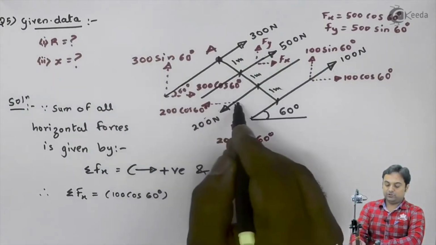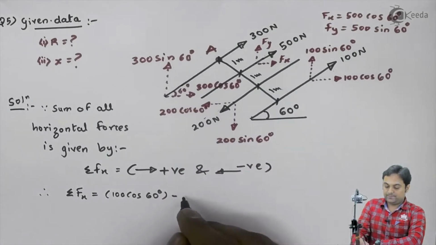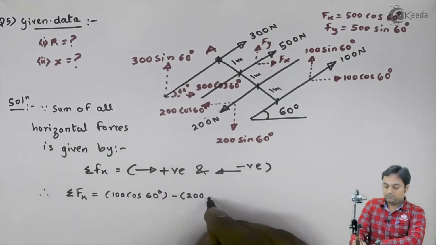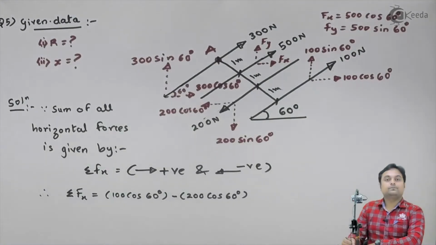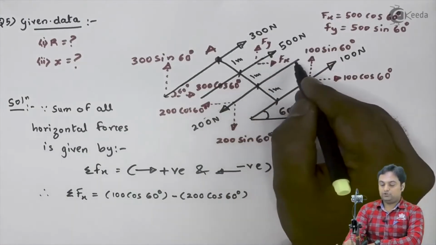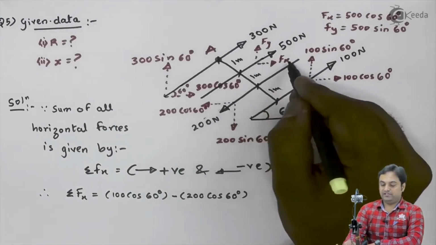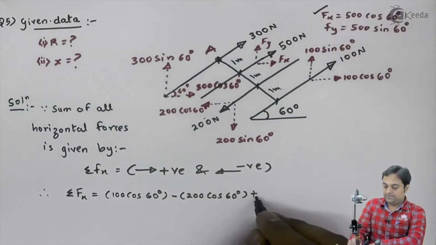We have its horizontal component towards left, so minus 200 cos 60. Then 500 Newton force, its horizontal component Fx is towards right and Fx is 500 cos 60.